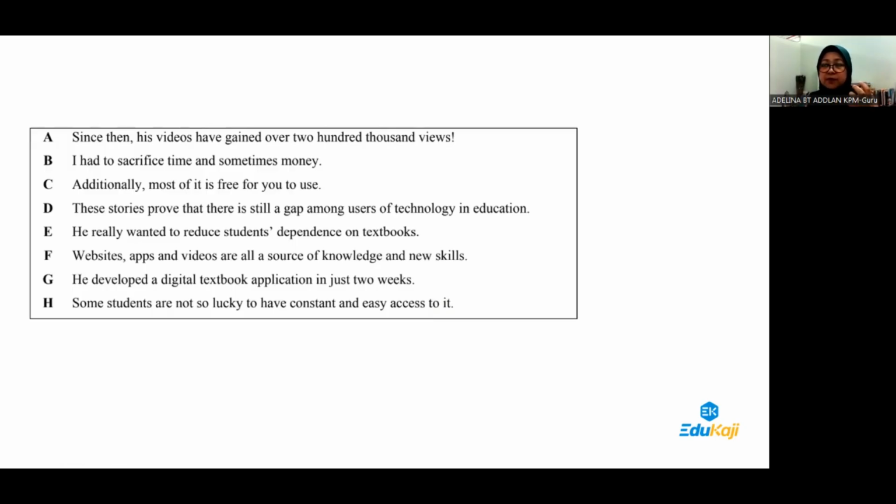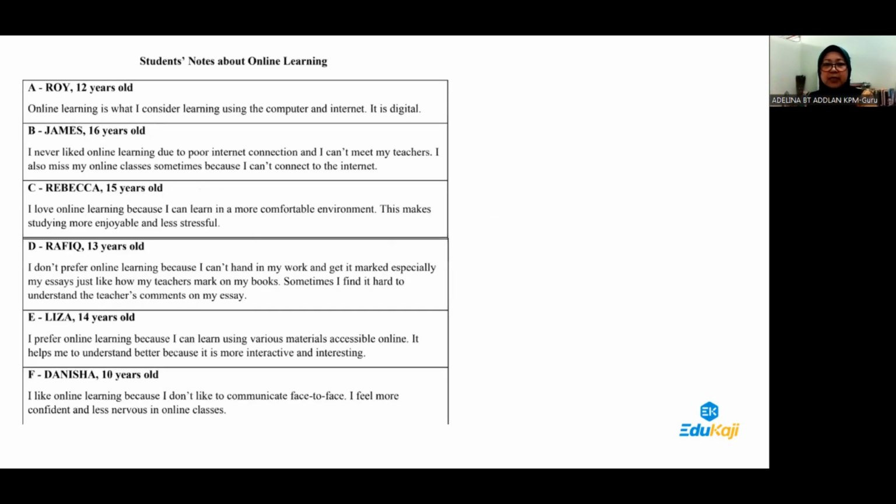They will give the students 8 choices of answers, and students have to relate it to what the speaker is talking about in the listening text. So this is a good exercise, especially because it is quite similar to your listening paper. All right, and the last part.